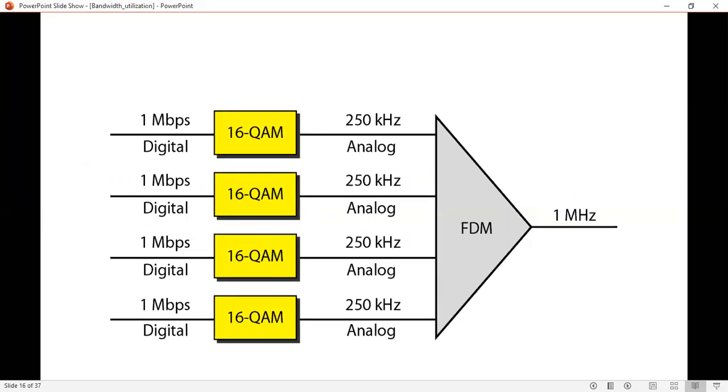the bandwidth for each of these channels. So 1 megahertz divided by 4 gives you 250 kilohertz for each channel. Now each channel sends 1 megabit per second.